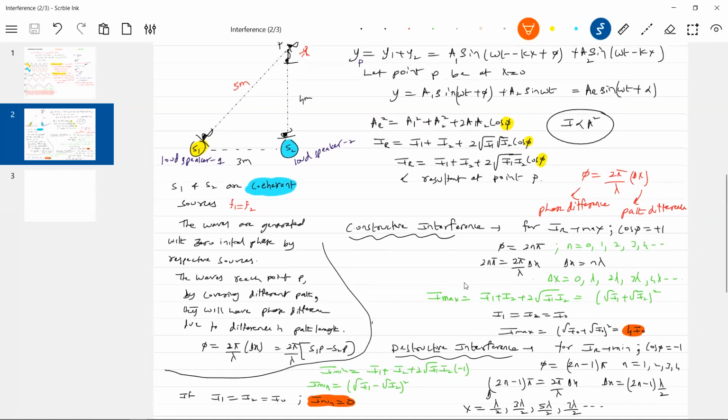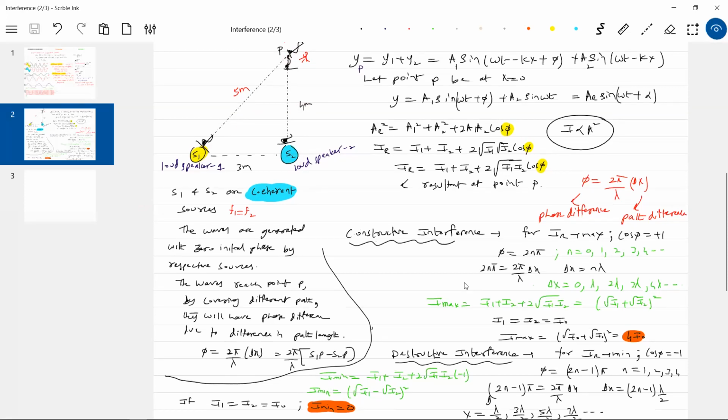Okay, look carefully now. There are two sources. Let the intensities be I naught and I naught. Sir, but how come the same intensity? Because the intensity also depends on distance. Can I make the power of source 1 more than that of source 2, so that the intensity at this point will be I naught due to each source?